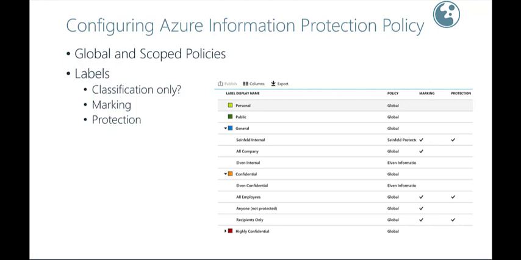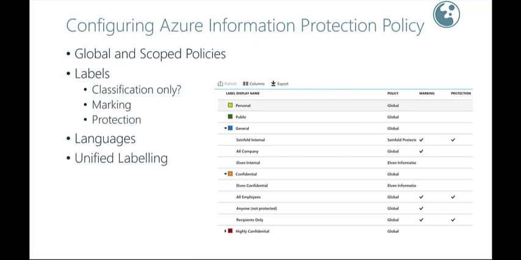And you can also configure labels for protection so that they are also encrypted with access only for the defined users or groups. It's possible in Azure Information Protection to have different sets of languages. So you can have labels in English and, for example, in your native language, like I would do for Norway.